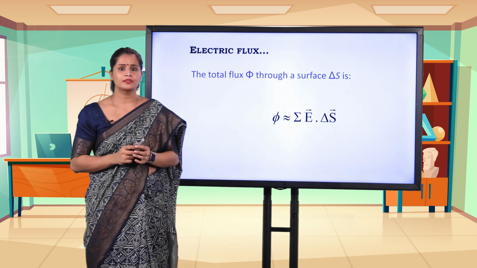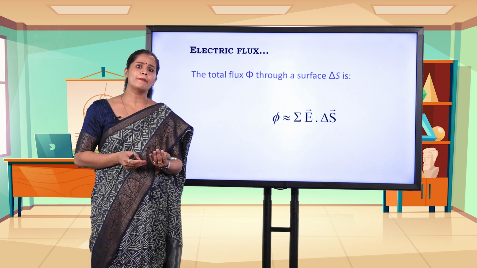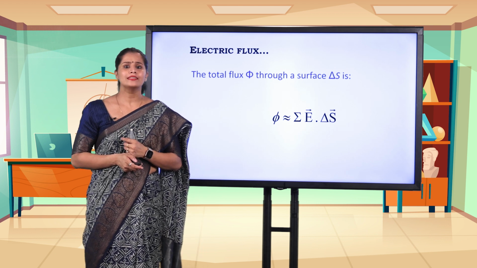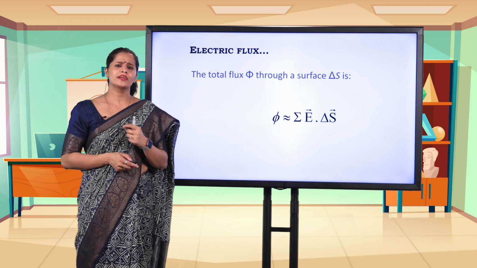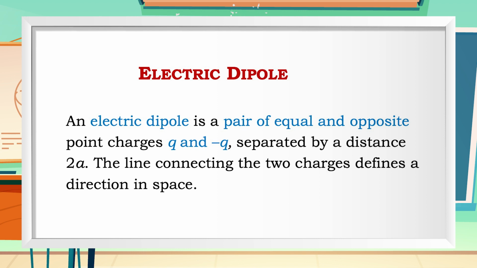After discussing flux, let's now discuss a new quantity called an electric dipole. Let's see what it signifies. Well, an electric dipole is a pair of two equal and opposite point charges plus q and minus q separated by a distance 2a.